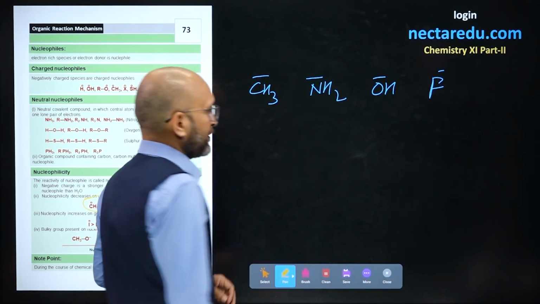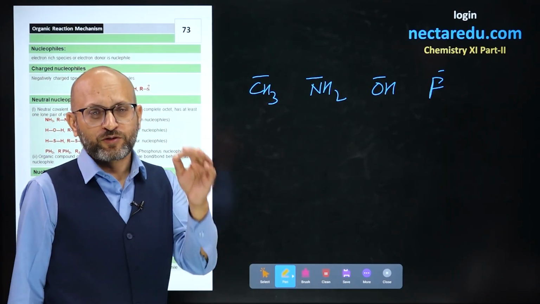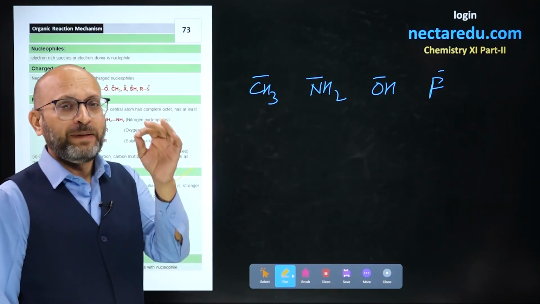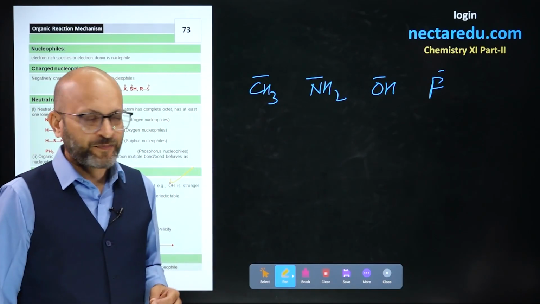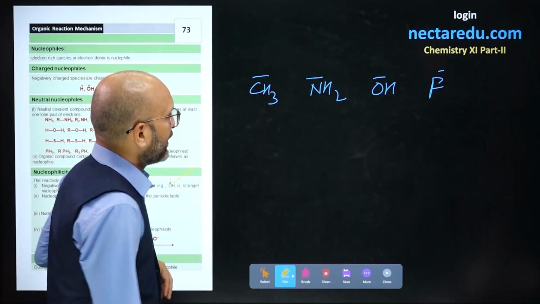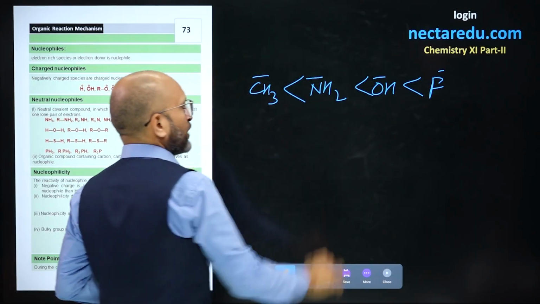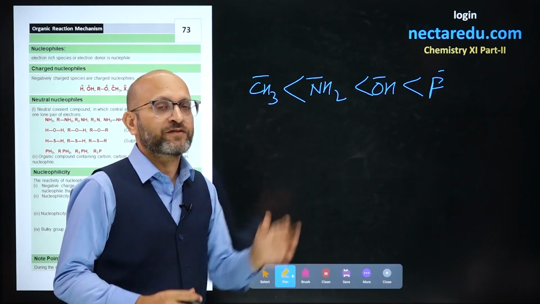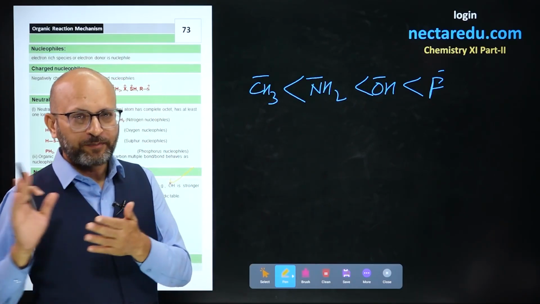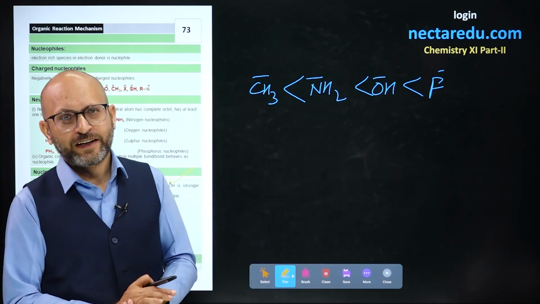If donor atoms belong to the same period, then basic character is equivalent to the nucleophilicity. Here you can see that basic character is maximum in fluoride, then OH minus, then NH2 minus and CH3 minus. So the nucleophilicity will also have the same order. So across the period you can say nucleophilicity increases from left to right.